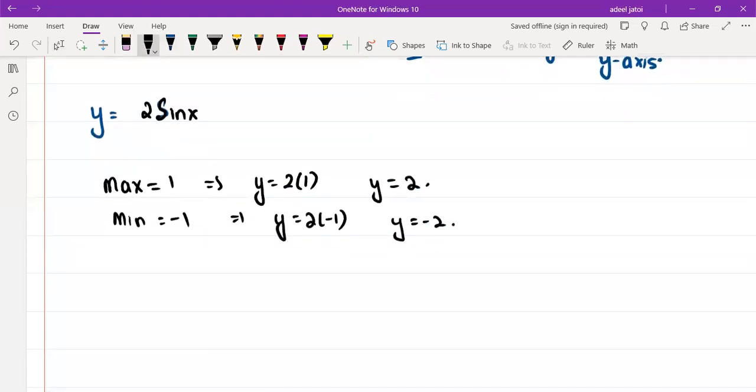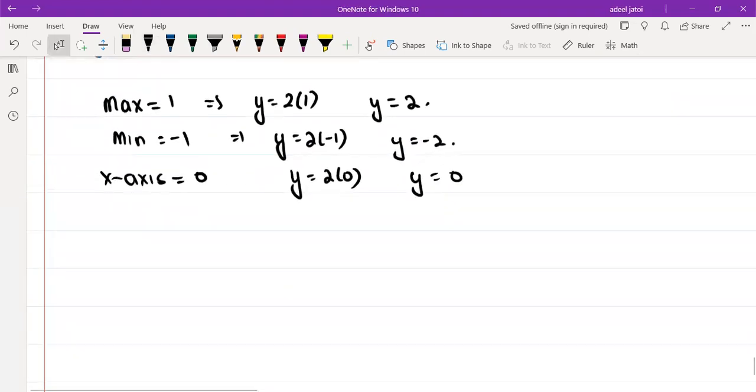So my minimum value now becomes -2. My x-axis is always when y is 0. So I keep it as y equals 0. My x-axis did not change; it will remain the same.